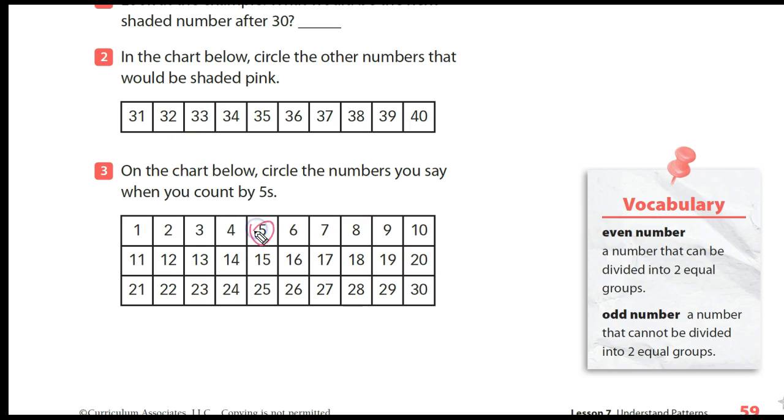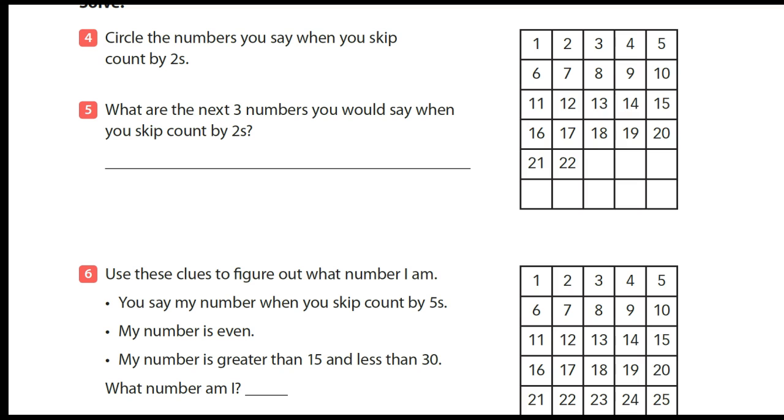So 5, 10, 15, 20, 30. In this case, all the numbers are right at the top of each other, right?